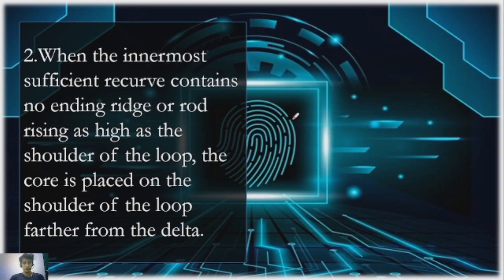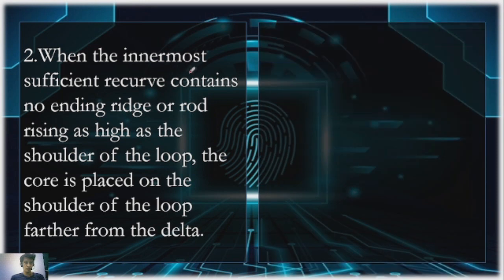So next in here is rule number two. So it says in here, when the innermost sufficient recurve contains no ending ridge or rod rising as high as the shoulder of the loop, the core is placed on the shoulder of the loop farther from the delta. Okay, so let us try to make an illustration again.